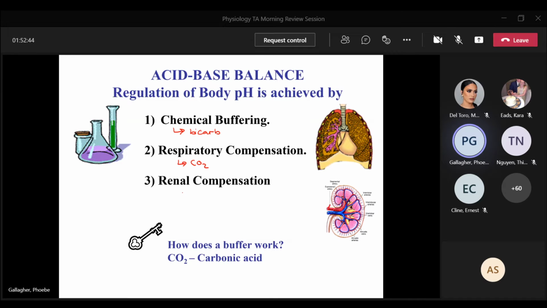And then renal compensation. So that's either reabsorbing bicarb or removing more bicarb, or also secreting protons to get rid of them, or inhibiting removal of protons so that you don't get rid of as many in case you have a more alkaline pH.